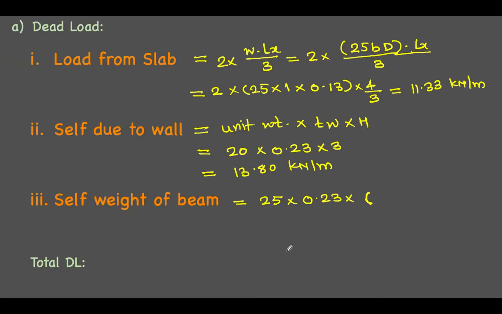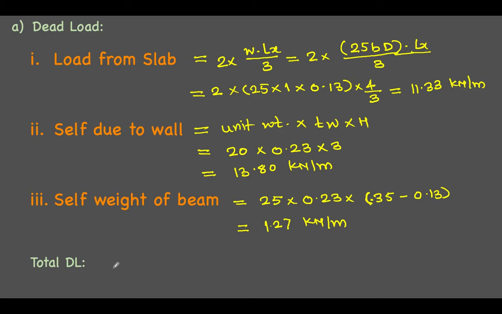Then 0.35 minus 0.13, and this self weight of beam we also want in kilonewton per meter. So this comes out to be 1.27 kilonewton per meter.